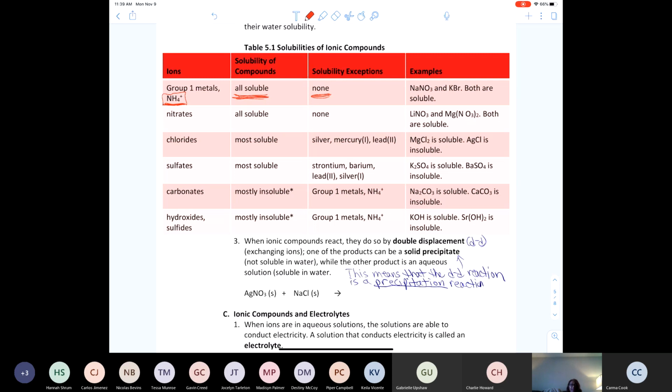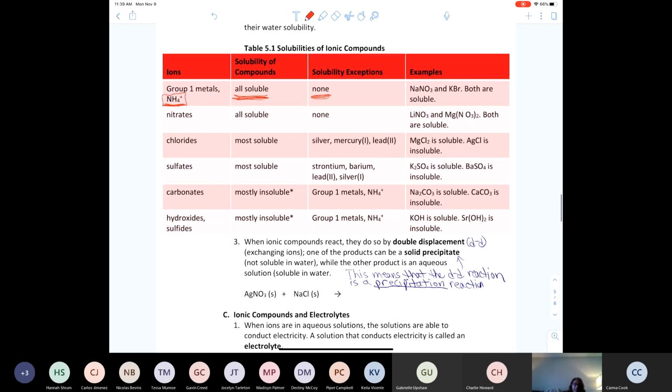If the ionic compound contains a nitrate polyatomic ion, then it will be soluble in water, no exceptions. So like lithium nitrate or magnesium nitrate, those are soluble.